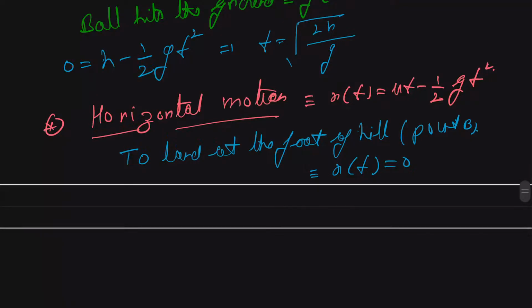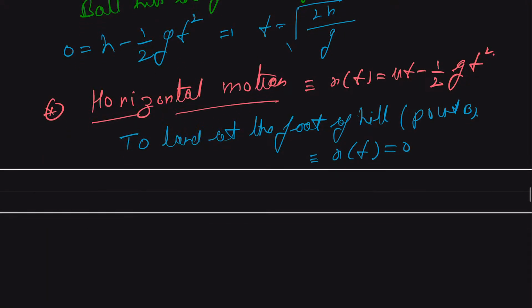So if our x of t is equal to 0 and time we also know, so x of t, our 0, is equal to u square root of 2h upon g minus 1 by 2 g times t square, and this t square comes as 2h upon g.